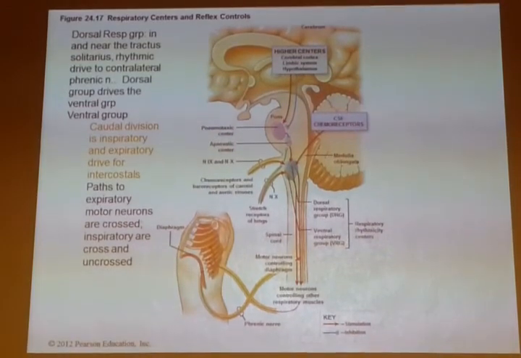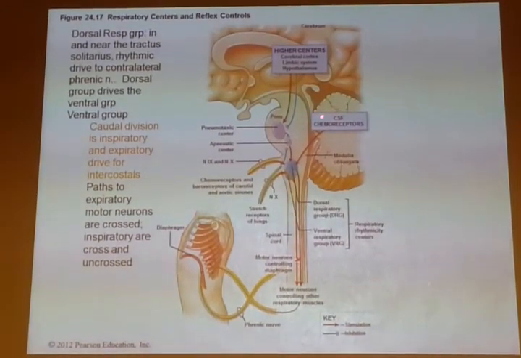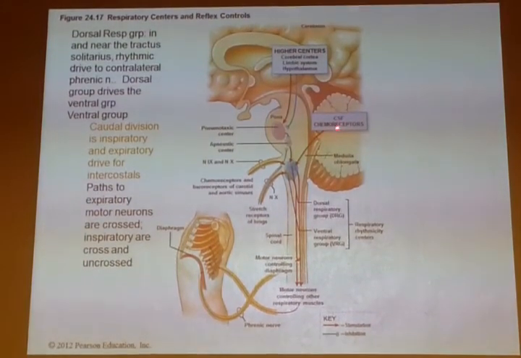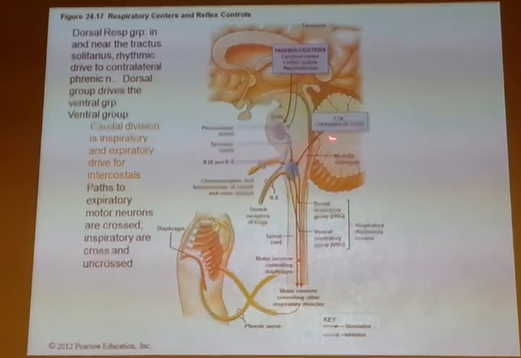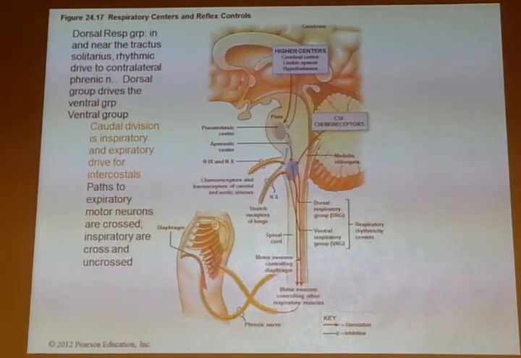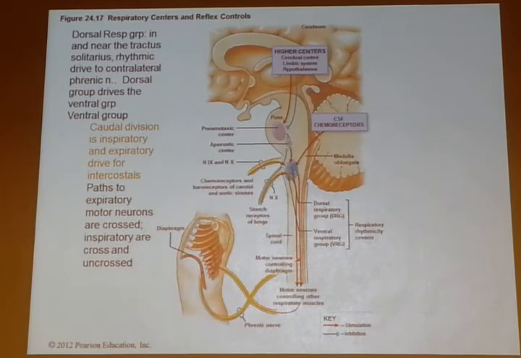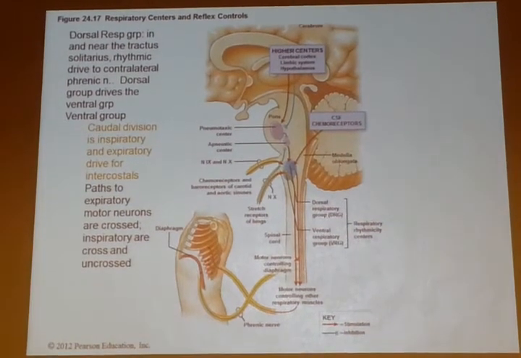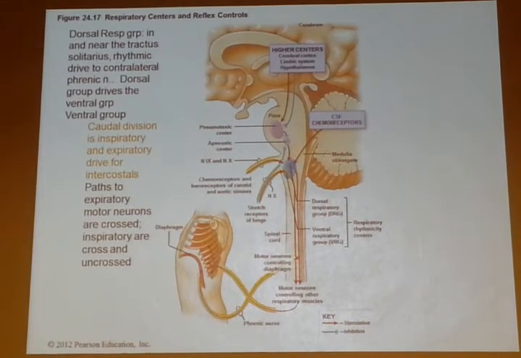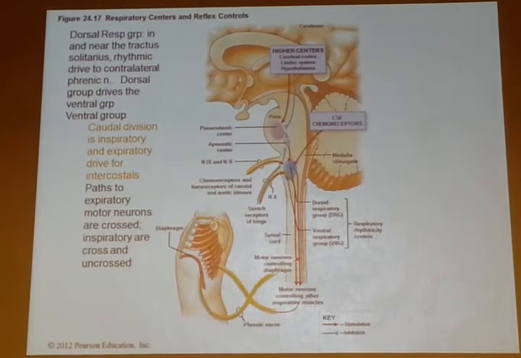So very, very low. The CO2 and hydrogen ion, well, it's actually hydrogen ion that they're looking at, but it's monitoring CO2 indirectly. So CO2 is actually the drive for your breathing. For most of the time, the chemoreceptors are going to win out on the control.